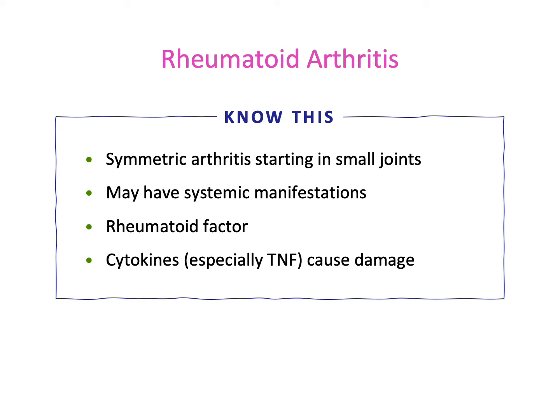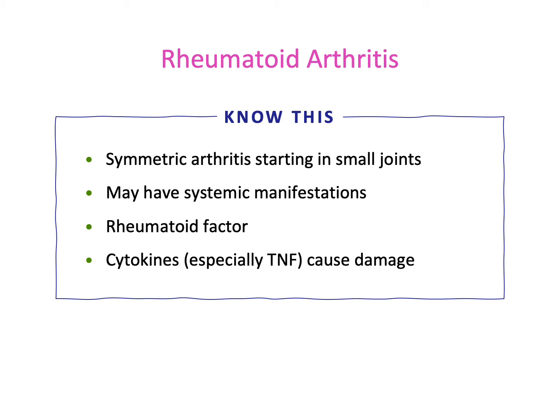It is, however, useful for diagnosis. So if you are wondering if a patient has rheumatoid arthritis, you can just do a serological test looking for this antibody, and if it's present, that's fairly indicative of rheumatoid arthritis, although it can be present in some other autoimmune diseases too.